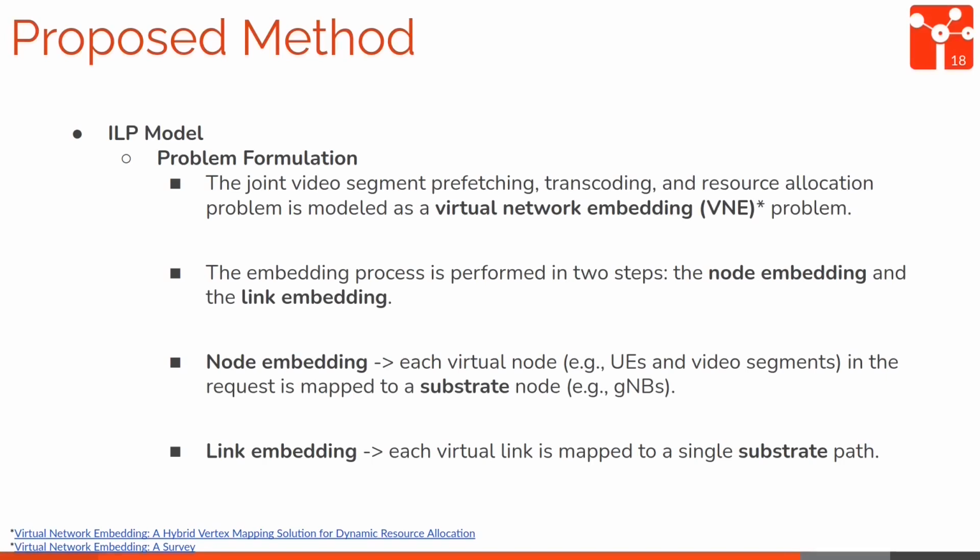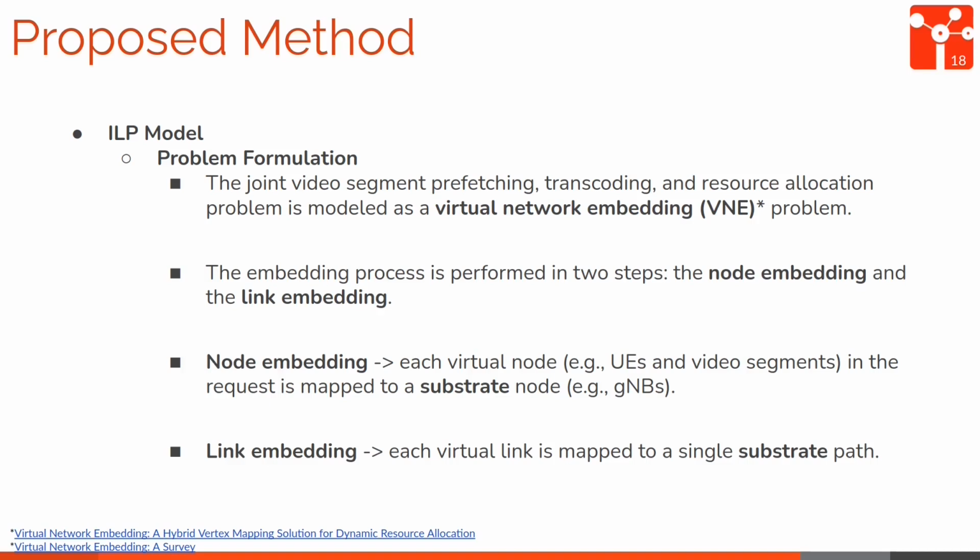In the problem formulation section, the authors consider the joint video segment prefetching, transcoding, and resource allocation problem as a type of virtual network embedding problem, which we know is a key area in mobile network virtualization.